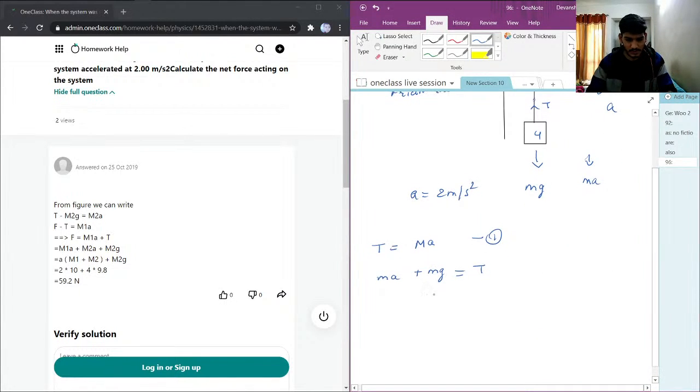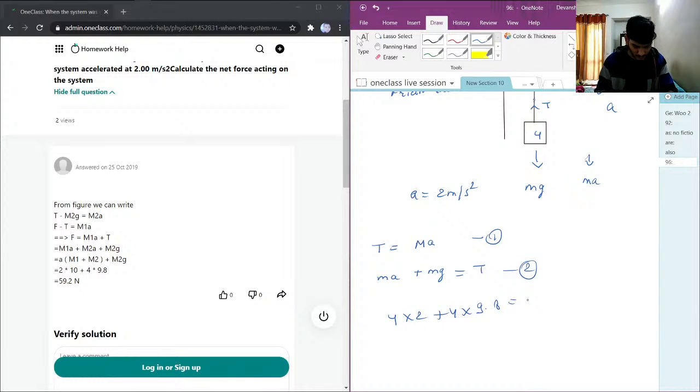First I'll just calculate the tension using this second equation. This is 4 into 2 plus 4 into 9.8. This is 47.2 Newton, this is the tension force.